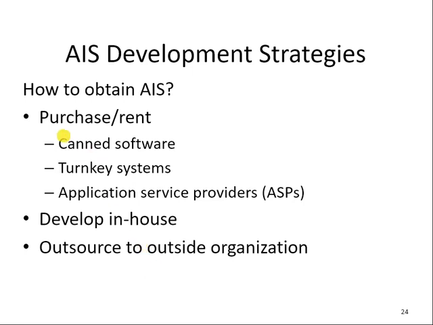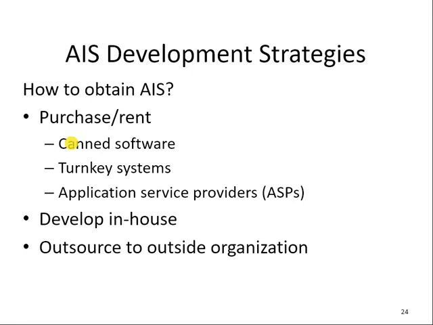So first, we can purchase. Now it's really easy to purchase systems. For example, many large organizations purchase ERP packages. When we purchase, we have three things to consider. We have the canned software.